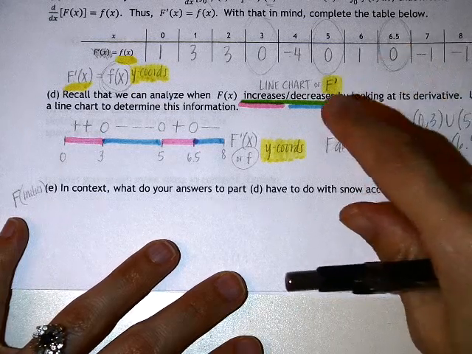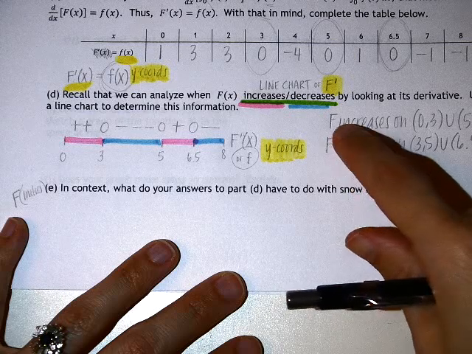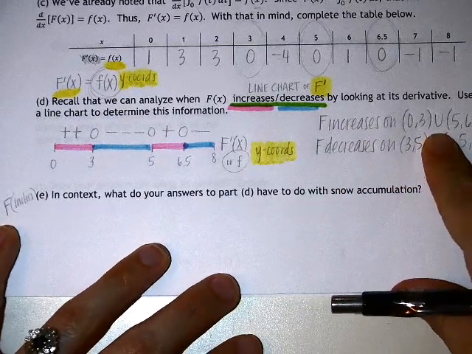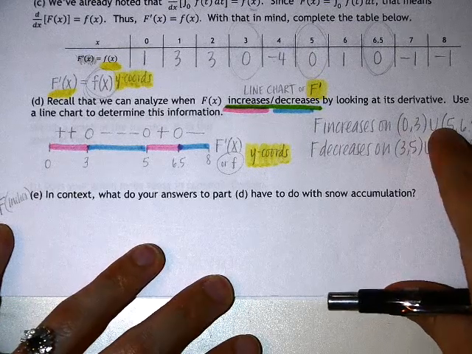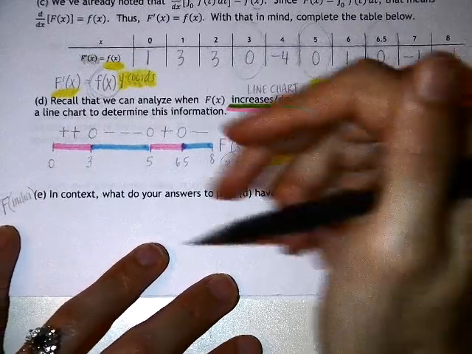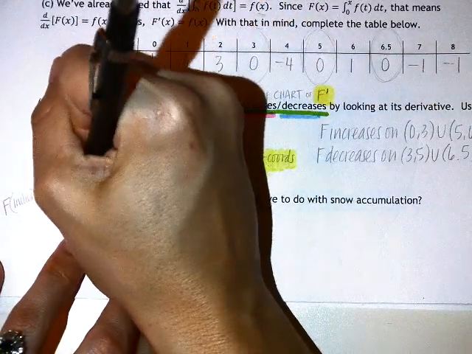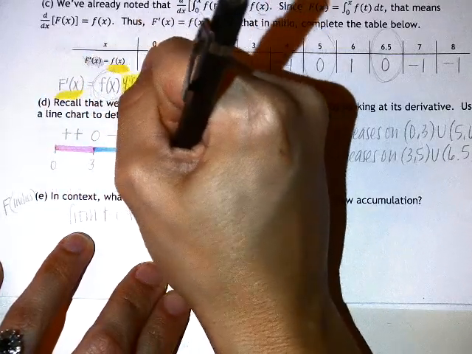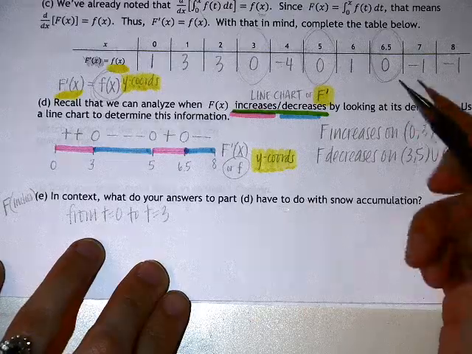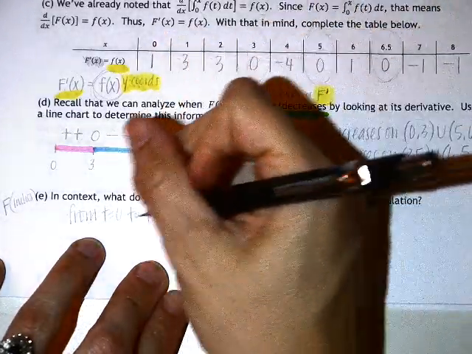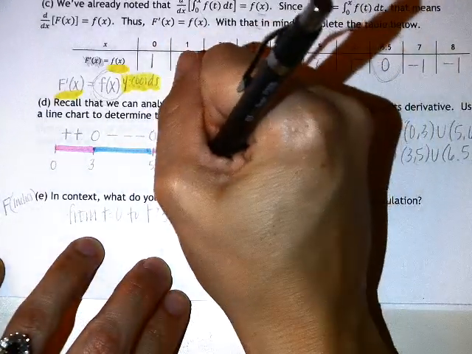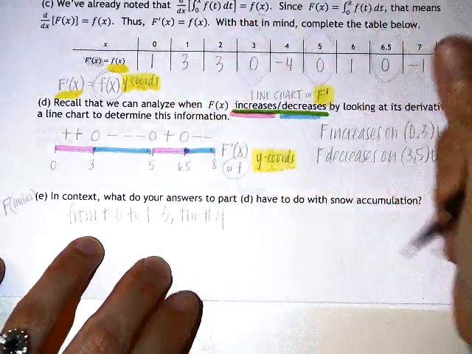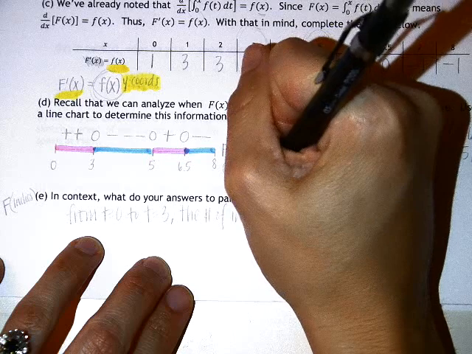The number of inches of snow increases on this interval. So that means when I'm looking at these intervals, like 0 to 3, that means from time 0 to time 3, so that would be like the first 3 hours of snowfall, the number of inches of snow increases.